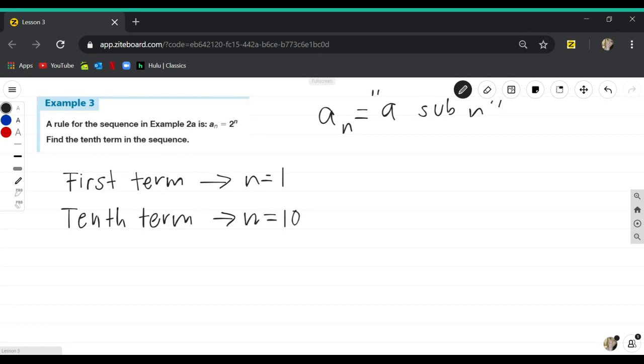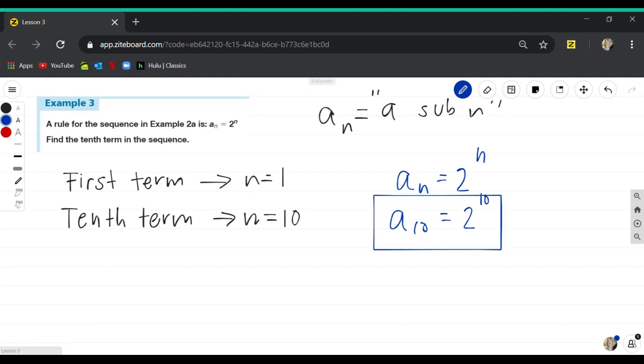It's asking what is a sub n when n equals 10? So the rule is a sub n equals 2n. So when n equals 10, then it's 2 to the n. That's what that means. You can just leave it like that if you wish.